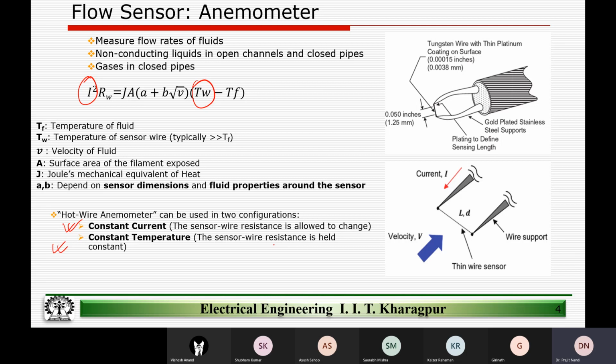This makes sense because the resistance of a metal wire goes like alpha times T, or actually T minus T naught. Depending on the temperature, the resistance of a metal wire will keep changing. So if we hold the temperature constant, then we are ensuring the resistance of the sensor wire is not changing.